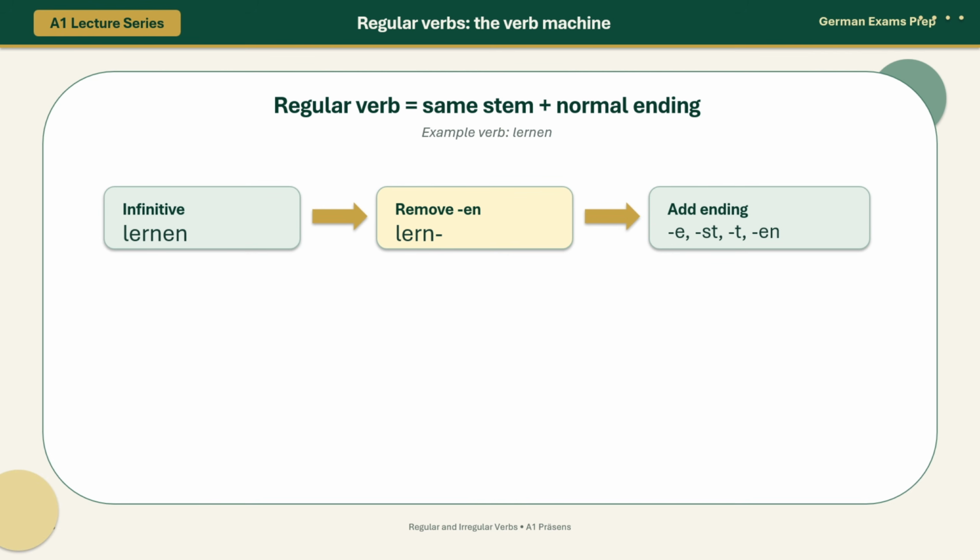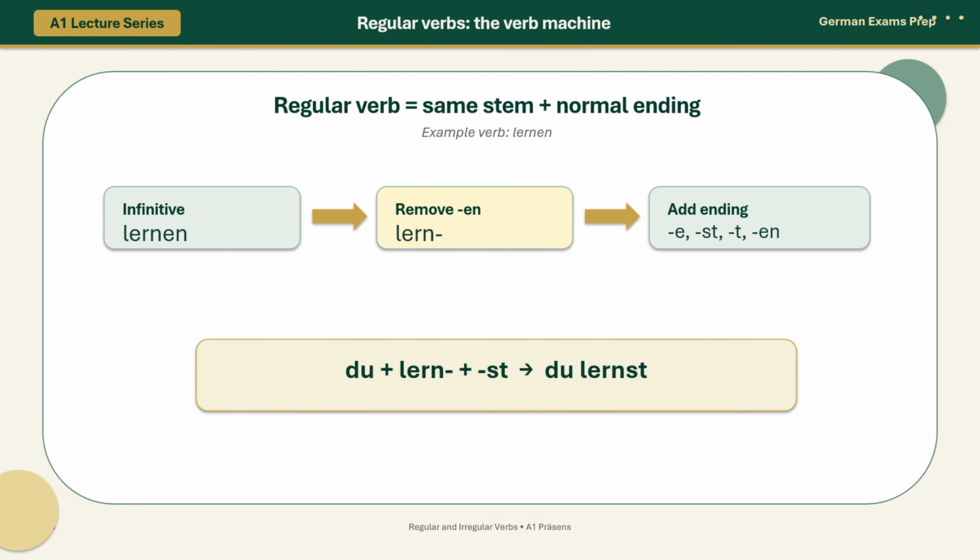For example, du plus lern plus st would be du lernst, you learn. And lern is the stem. This is why regular verbs are easier, because the stem stays the same and only the ending changes.